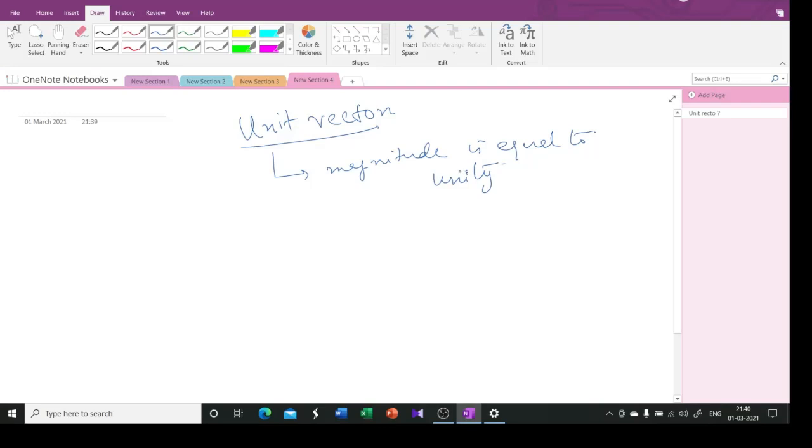Now you would say, what's the point in this? Let me tell you. Suppose we have a vector A. The unit vector, which is represented as A cap, is simply vector A divided by the magnitude of A.